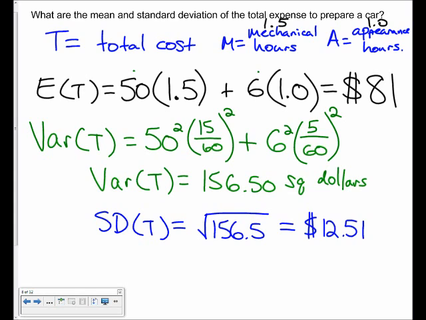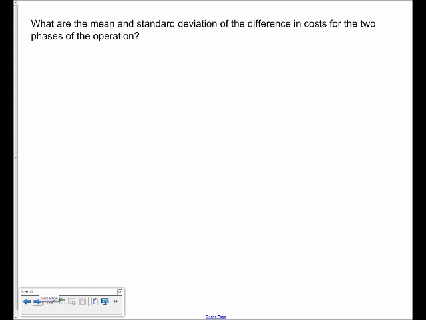All right, so the last part of this example says, what if I wanted to find the mean and standard deviation for the difference in the cost of these two phases? So it's actually the same variables we just used, our T, our M, and our A, but this time the expected total cost is going to be the difference between the two.